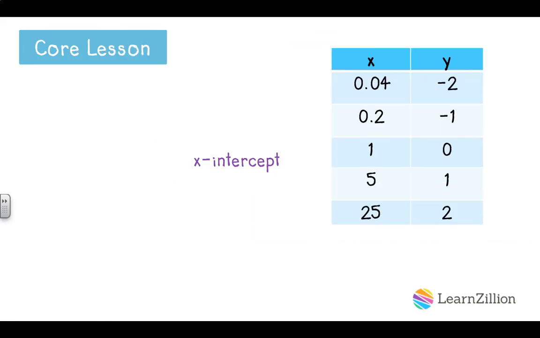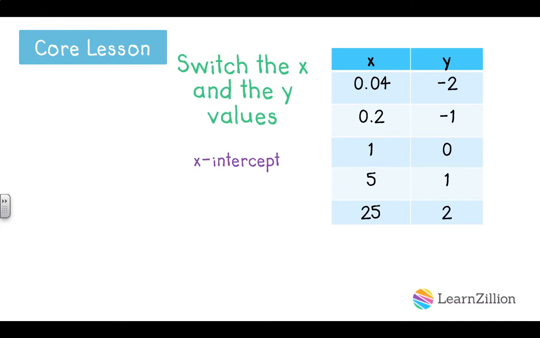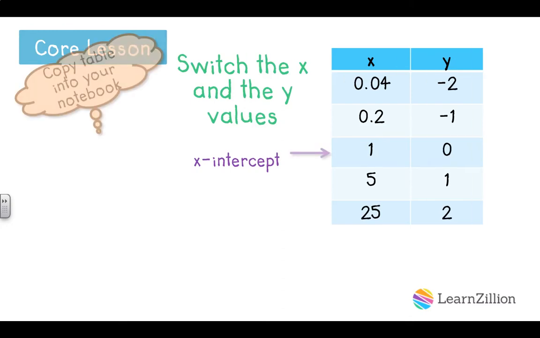So next slide, we're just going to take that chart from the previous page and switch the x and the y values to get the values to plot. Now, instead of a y-intercept, you have an x-intercept.